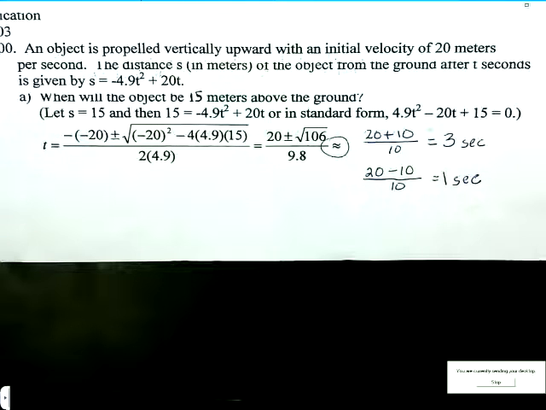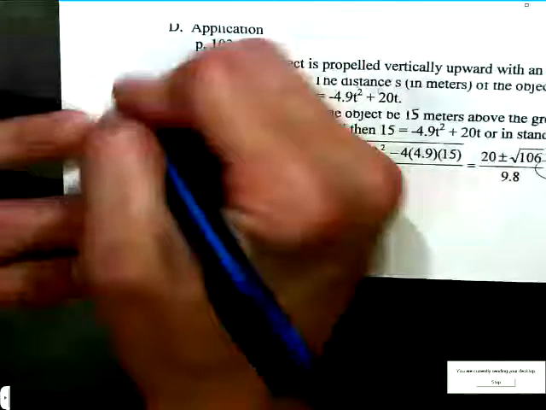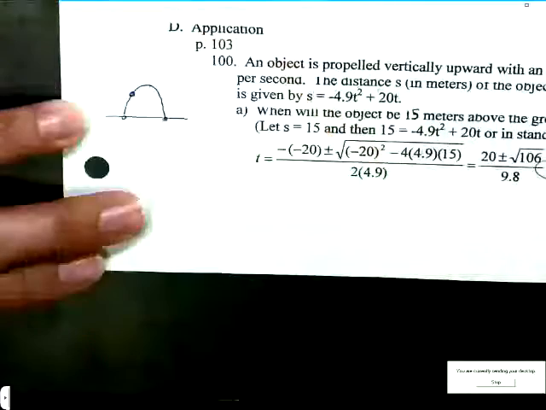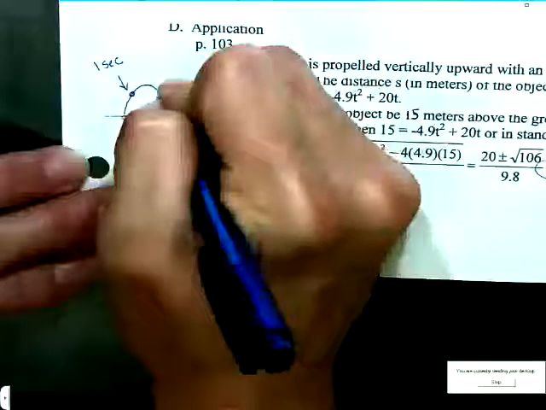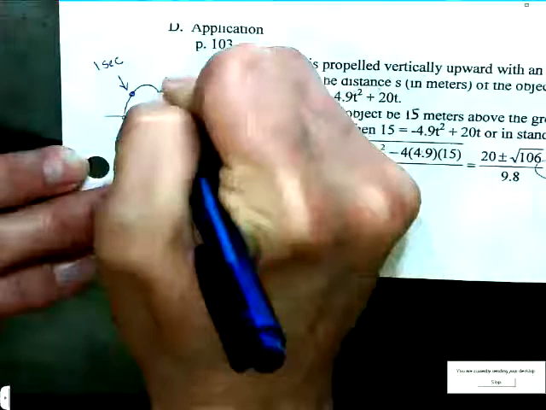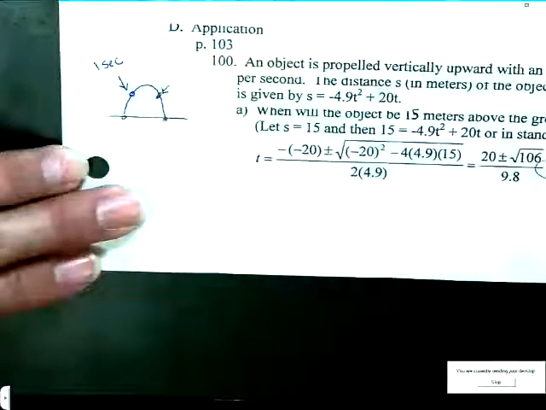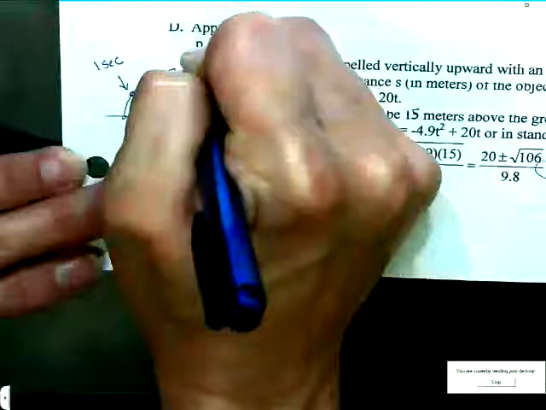How can there be two answers to when is the ball 15 meters high? Once on the way up and once on the way down. Maybe that's 15 meters right there. And so that's 1 second on the way up, and then it reaches the peak, whatever it is, and is 15 meters again at 3 seconds.